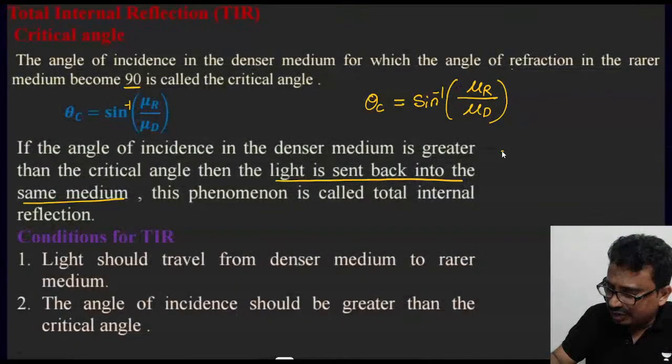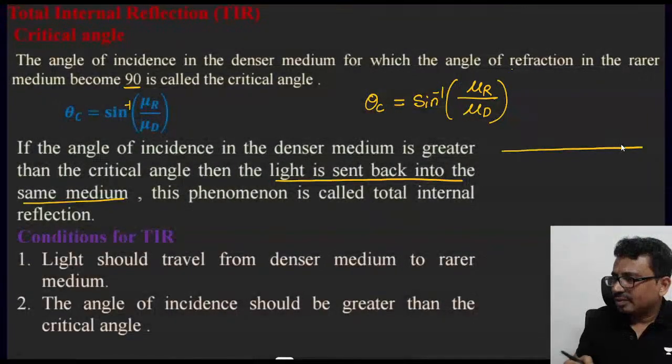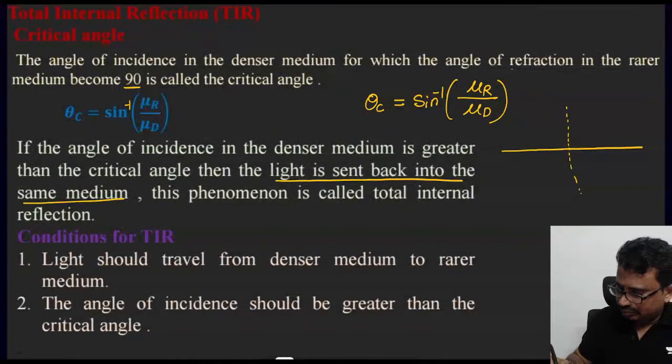So we have seen this as a light ray. For example, here this is the normal. Now consider this light ray coming from the source somewhere here.